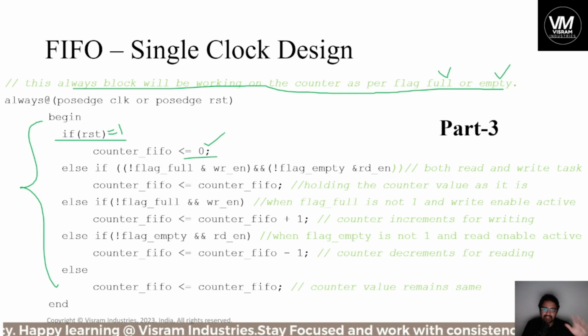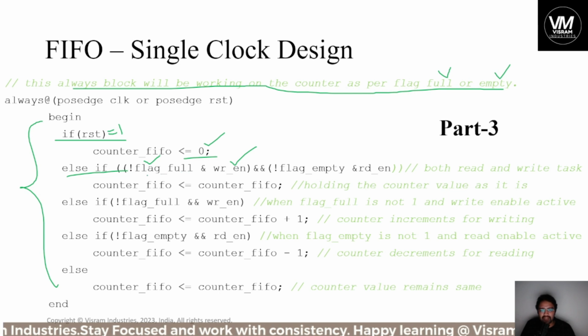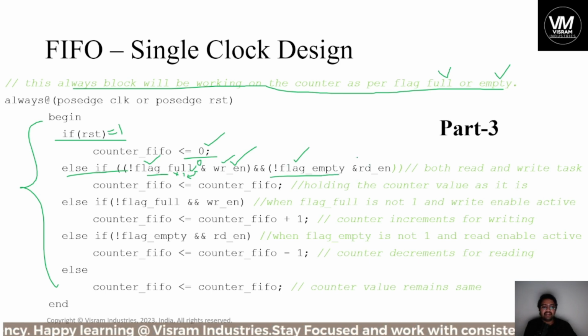Everything goes to 0 when you reset any device or machine. Else if not flag full, one condition, and write enable. Flag full is not 1, so it can be 0. Then write enable, and not flag empty, and read enable.